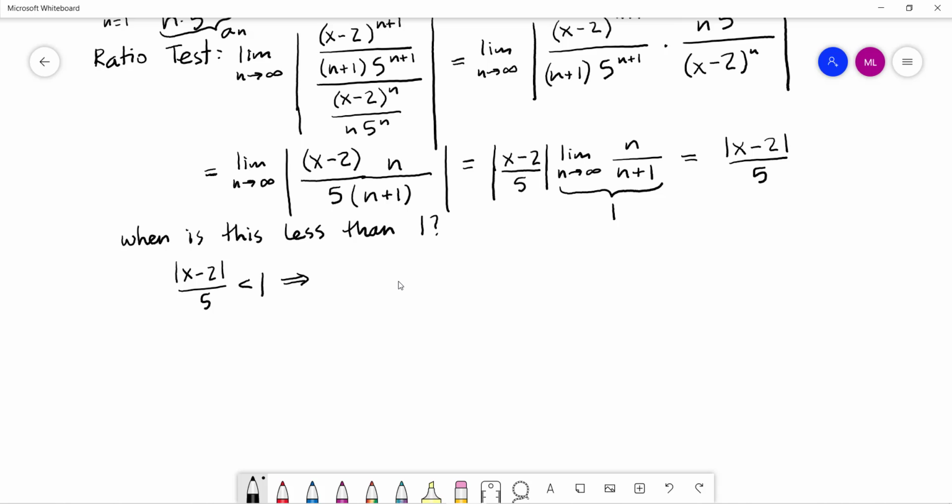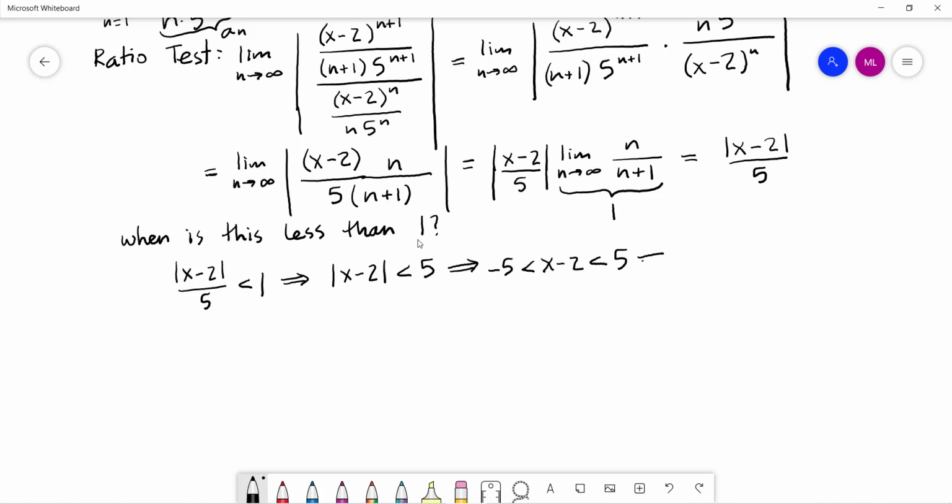I can rewrite that as the absolute value of x minus 2 less than 5 if I multiply both sides by positive 5 here. And then I can convert that, getting rid of the absolute value symbol. I can change it so that I want x minus 2 to be between negative 5 and 5.